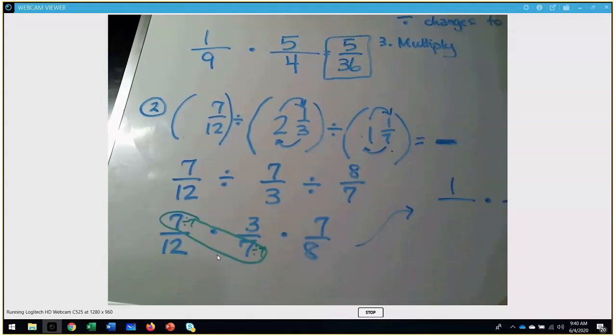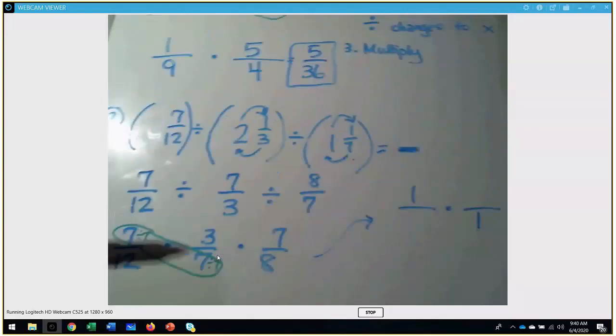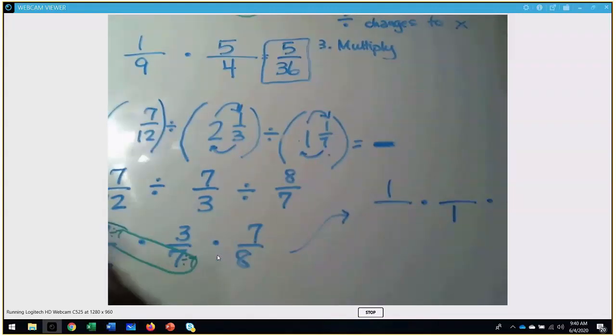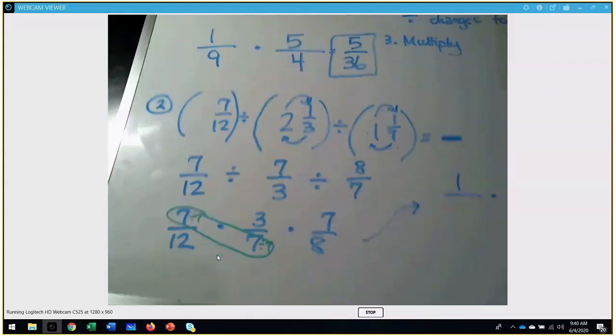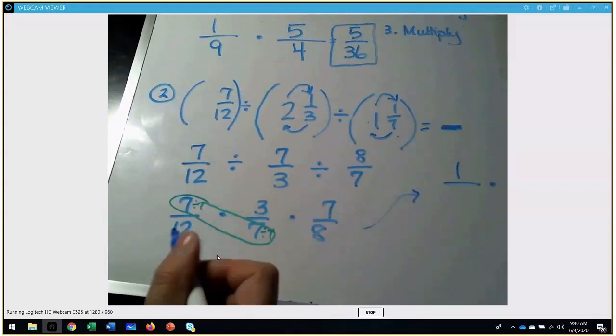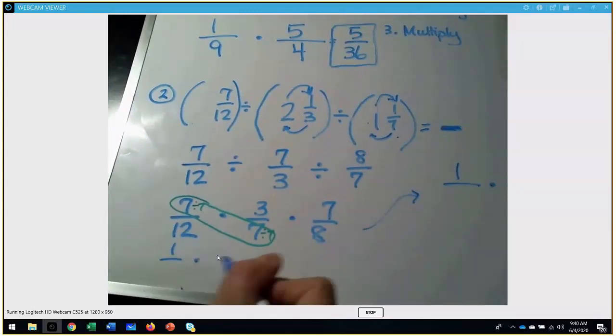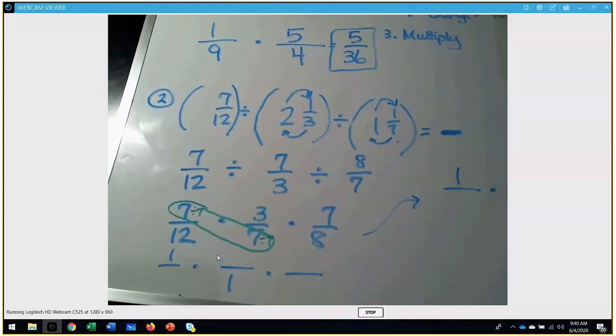Oh, you guys can't see that. Okay, hold on. Let's go down here. I can squeeze this down. So 1 over 1 so far. All right. What was that, Aaron? I said 3 and 12 is 1 and 4. Yep.